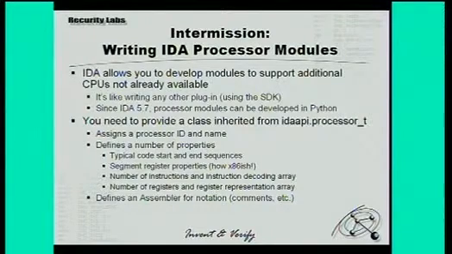Yeah, it's Würgeschlange. So IDA actually allows you to write in Python nowadays, even CPU modules. And what you essentially have to do is inherit a class, IDAAPI processor_t, and give it a processor ID.